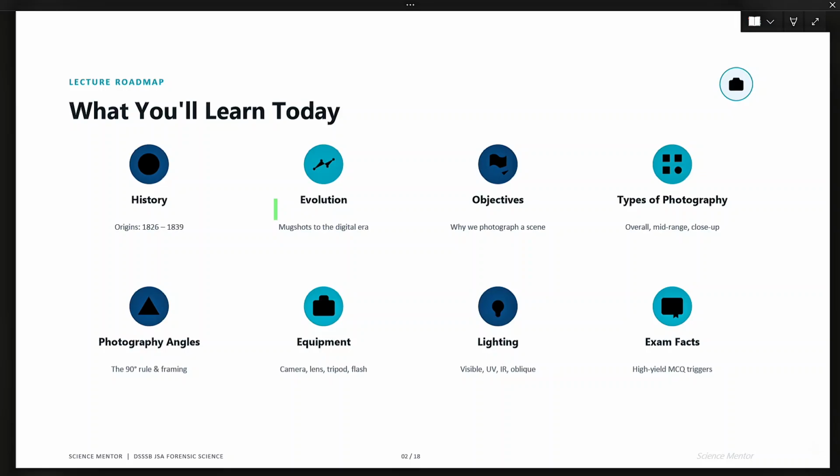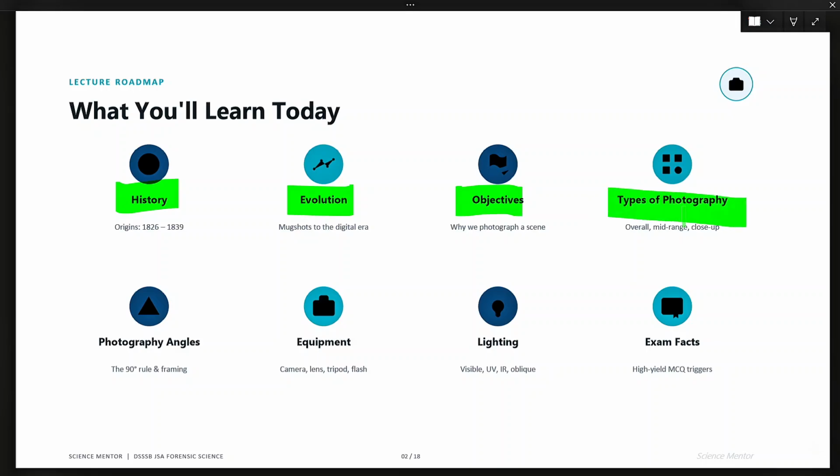First we will understand how forensic photography started, then how it became a part of criminal investigation. So first we study history, then evolution. After that we will discuss its objectives, because every scientific technique has a purpose. Once we know why it is used, we will study the principles every forensic photographer must follow.